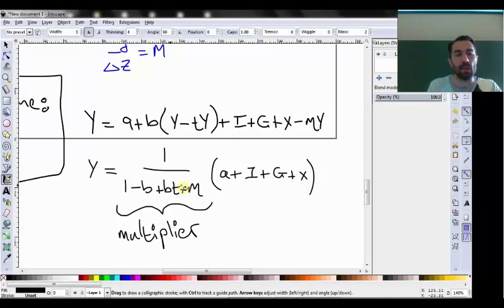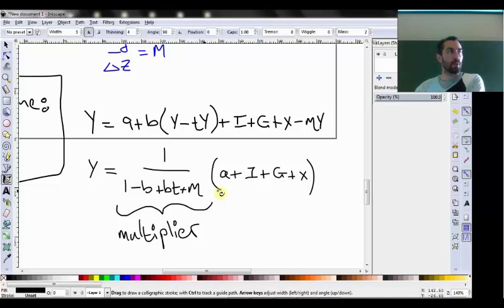Are you happy that when we added this marginal tax rate and this marginal propensity to import, we made this number at the bottom here bigger? If we make this number bigger, we are making the multiplier itself smaller, right? So when we added a tax rate and a marginal propensity to import, our multiplier was made smaller.